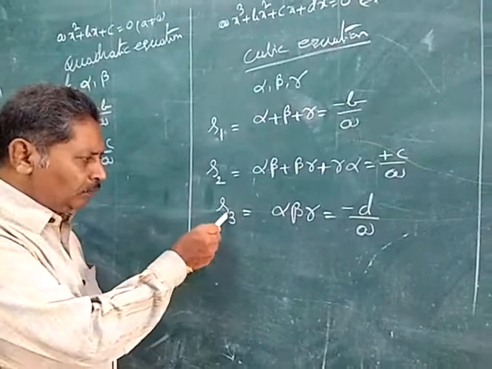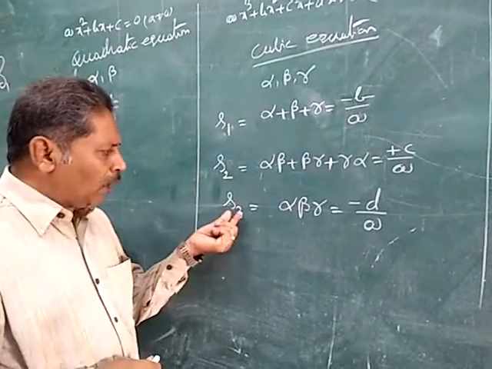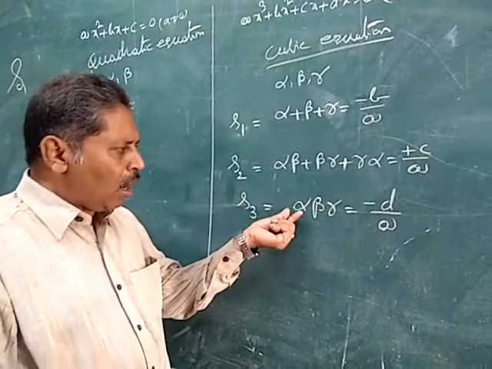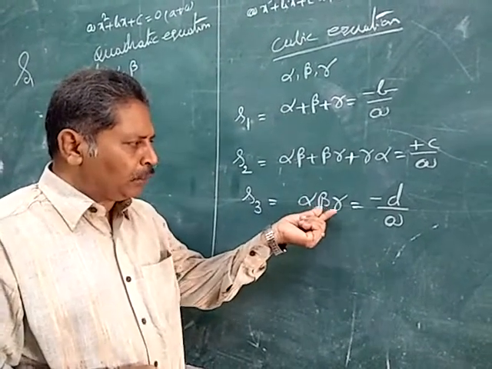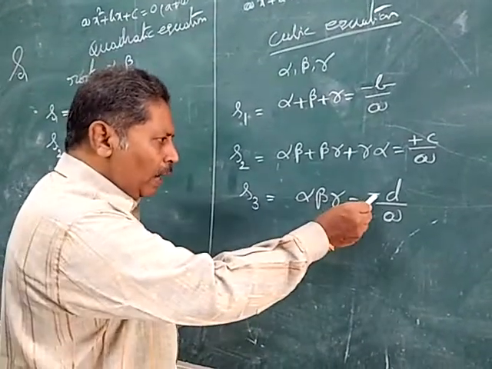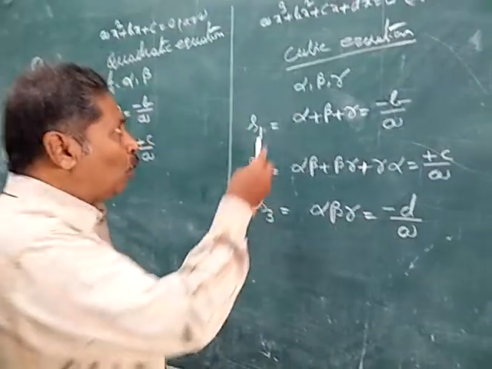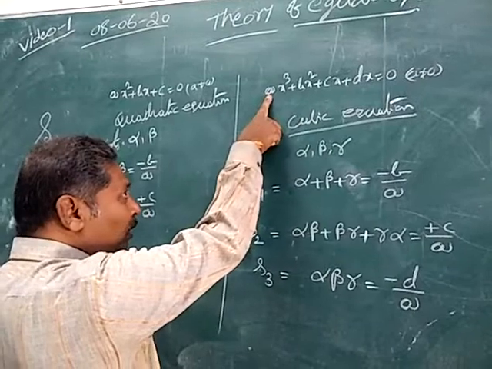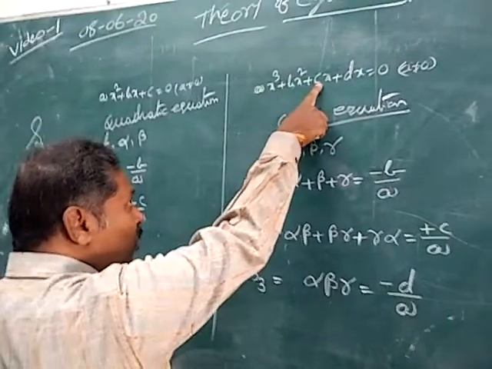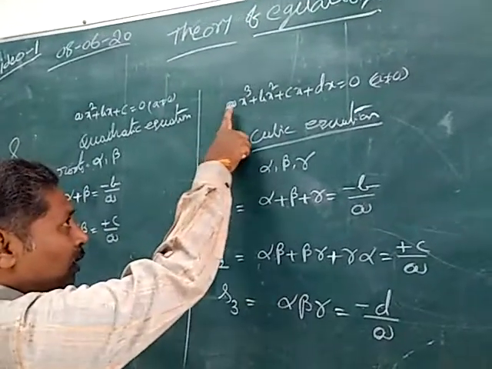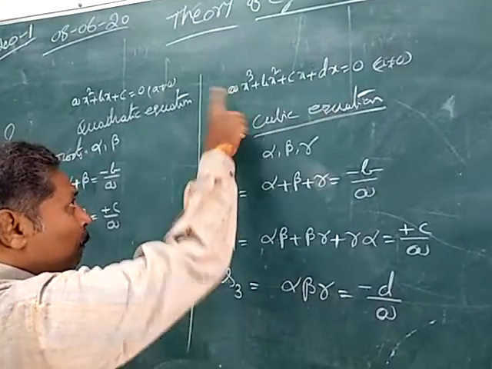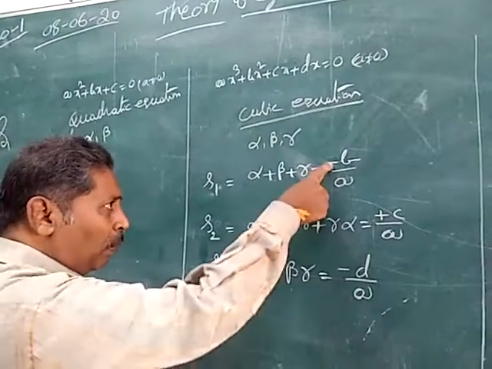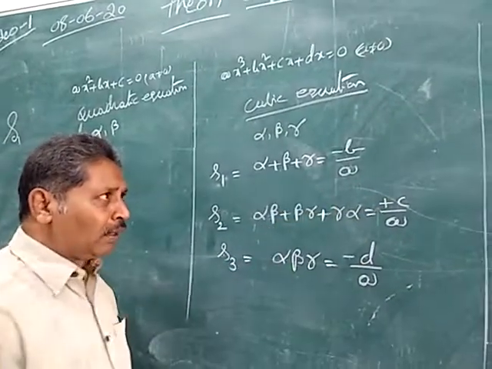S3 means the product of the three roots, alpha into beta into gamma, minus d by a. So S1 is minus b by a, S2 is plus c by a, S3 is minus d by a. Alternatively, we take plus and minus alternately.